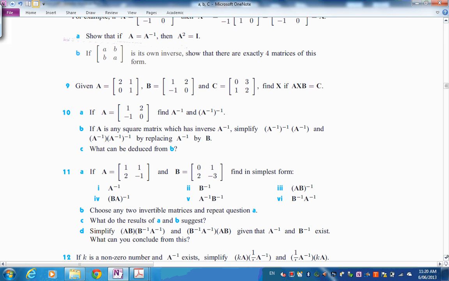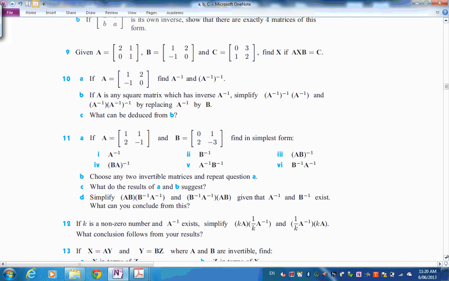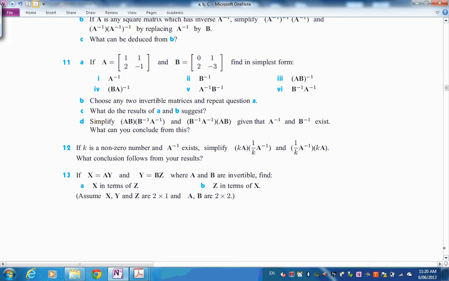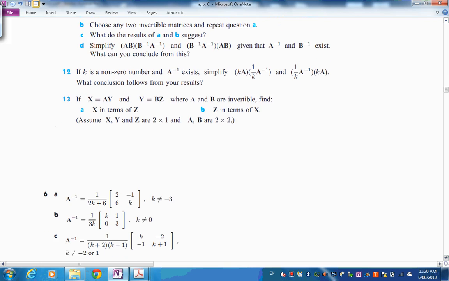Some more here. We'll just go down to the next few. 11 and 12, I think. And then 13. Have a go. Getting interesting now in rearranging expressions and finding inverses. Just learning about what you can do with the inverse. So let's go to the solutions then.